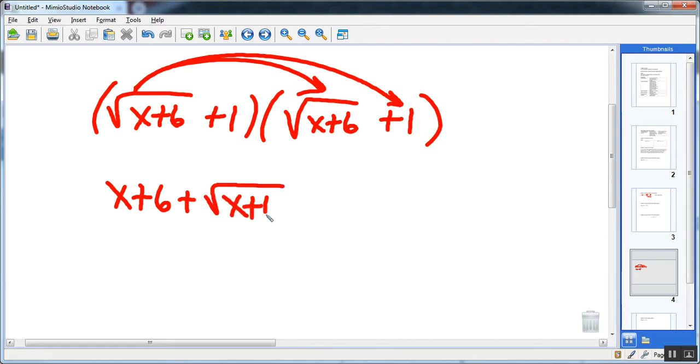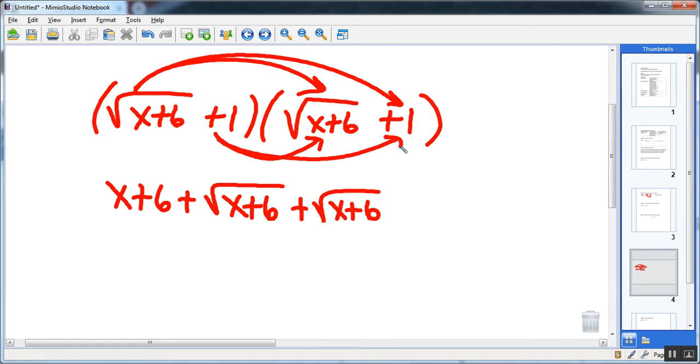Well, it's just plus root x plus 6, isn't it? Agree with that? Okay, what's the 1 times this root x plus 6, kids? And then finally on the end, kids, 1 times 1. That would just be 1, wouldn't it?